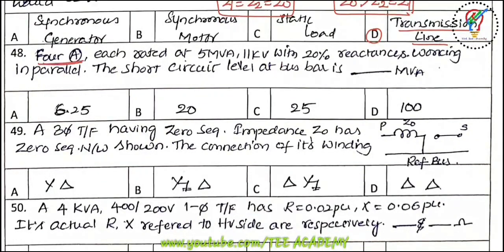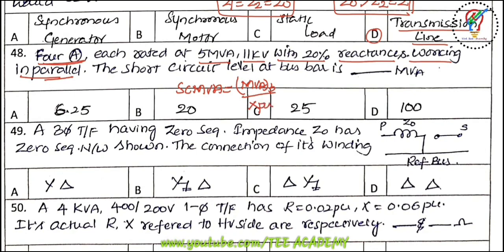Four alternators, I'm repeating, 4 alternators, each rated 5 MVA 11 kV with 20% reactances working in parallel. The short circuit level will be, so short circuit MVA, the formula is MVA base by X per unit.